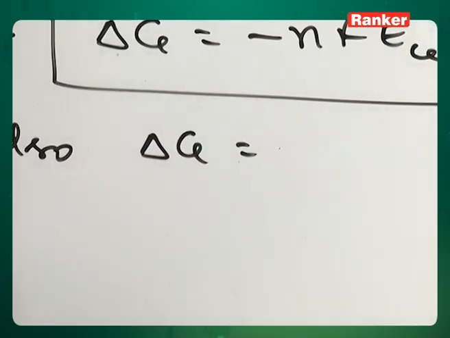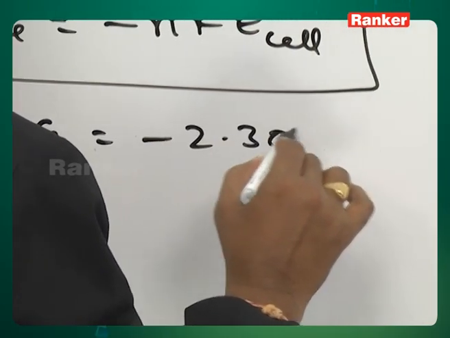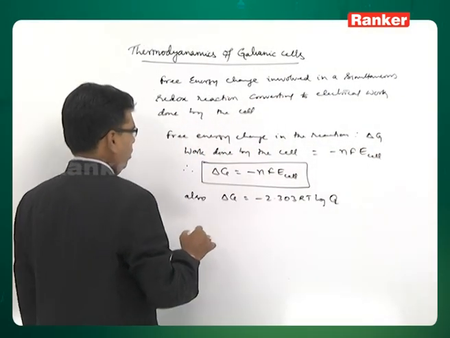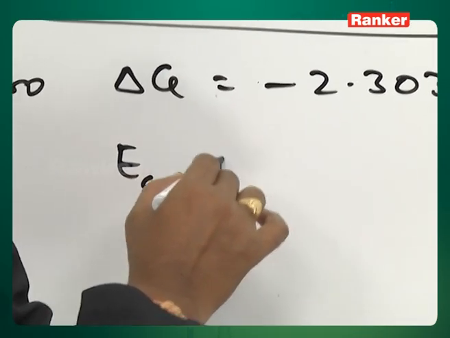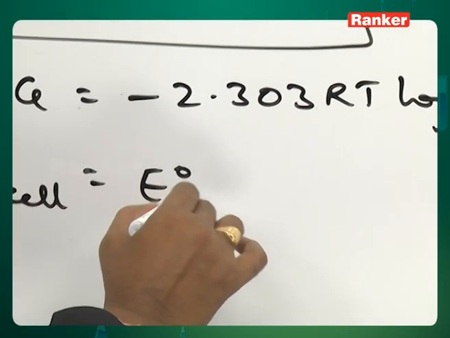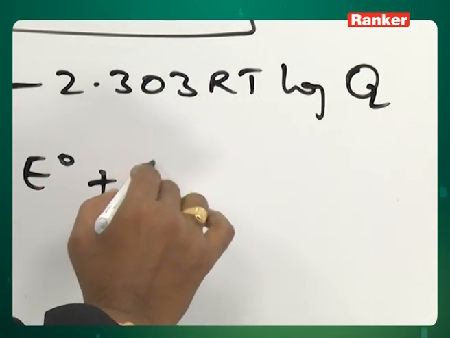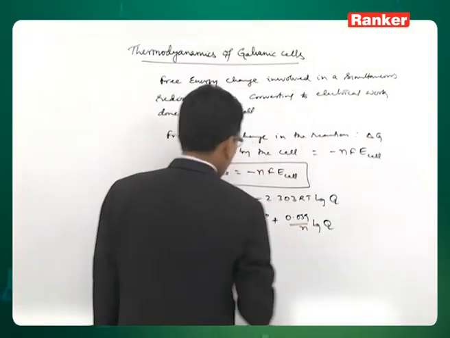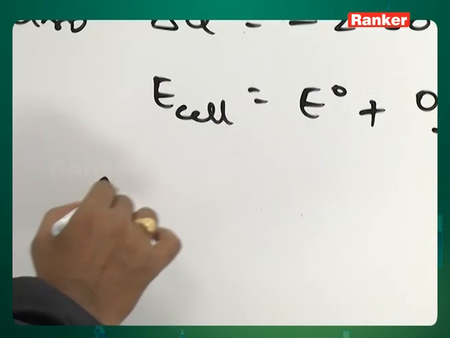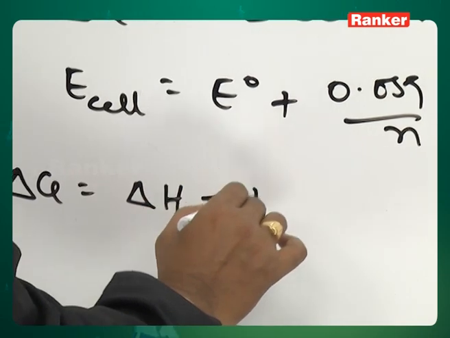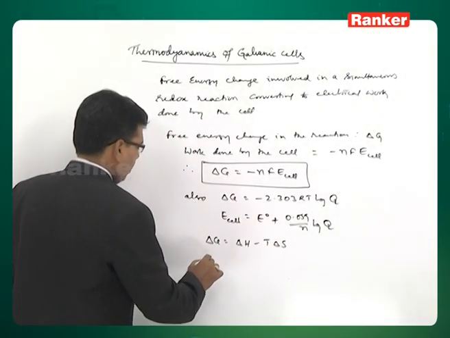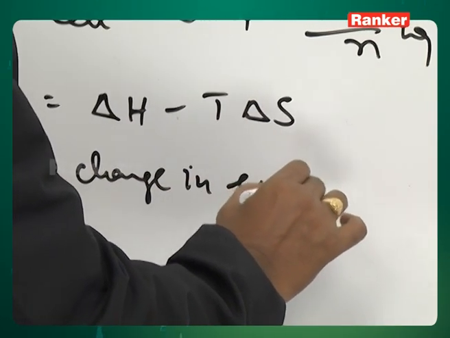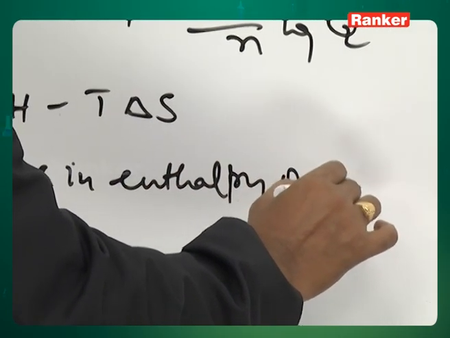delta G is equal to minus 2.303 RT log Q. So, from this also what we have derived is E cell is equal to E naught cell plus 0.059 by n log Q, and also delta G is equal to delta H minus T delta S, where delta H is the change in enthalpy of the reaction.